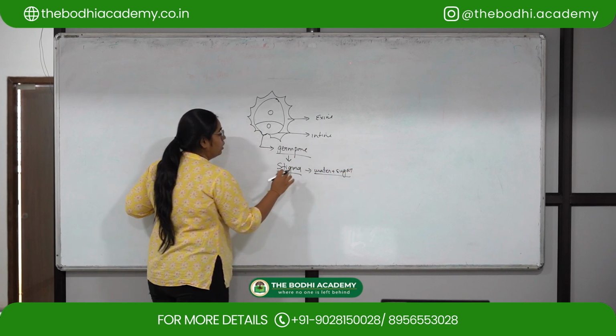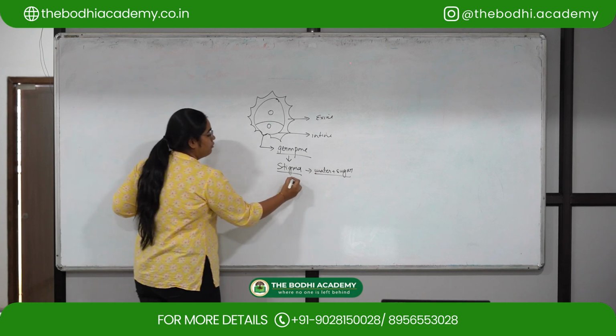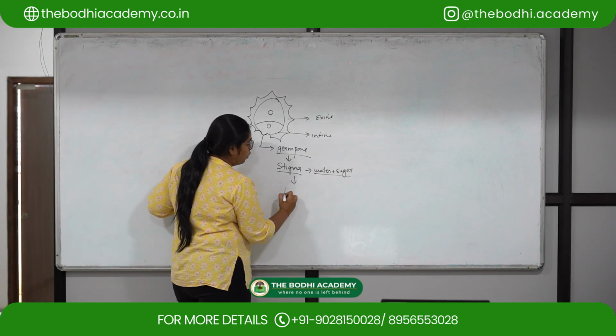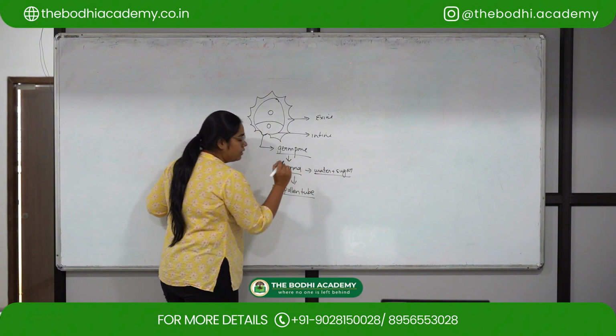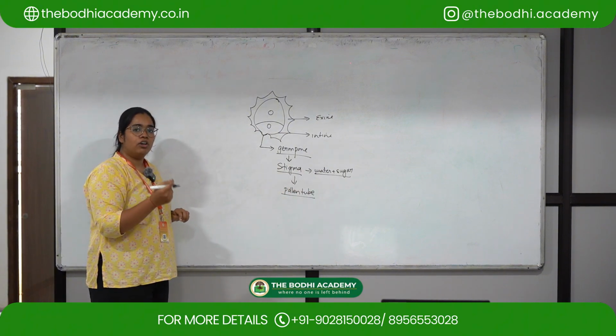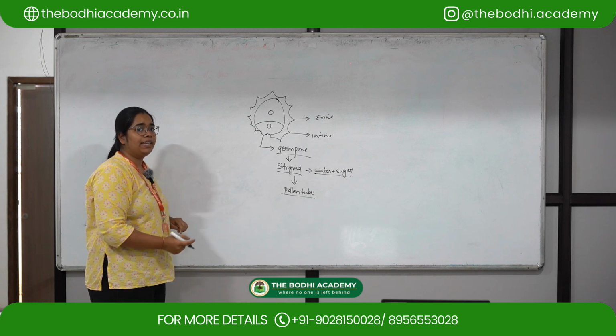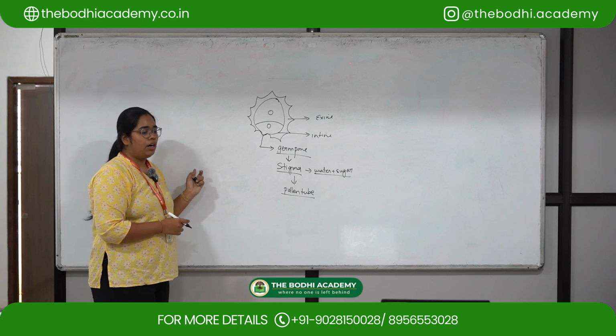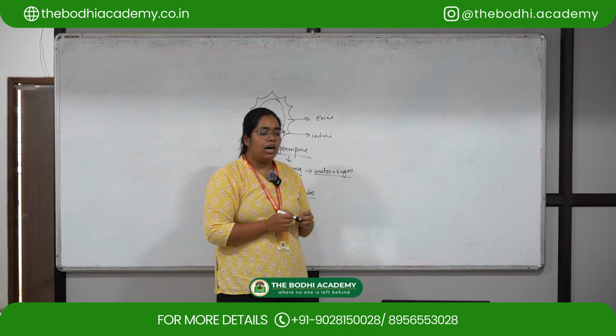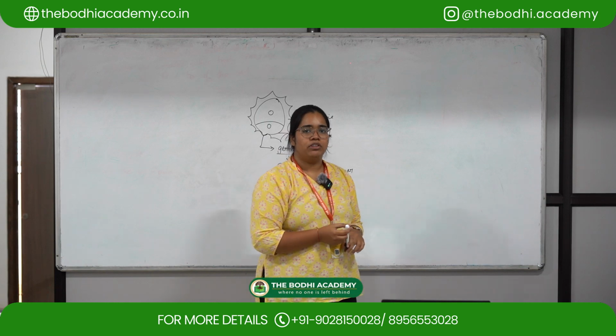So this germ pore will germinate and form your pollen tube, which is very important in the process of fertilization as it will carry the male gametes to the ovule. So this was about the question, that is, how the germ pore helps in the process of germination.